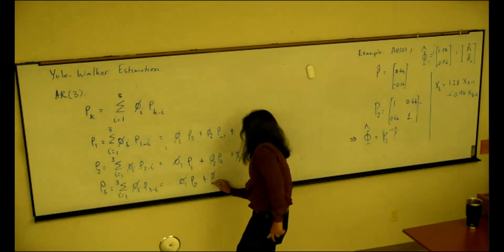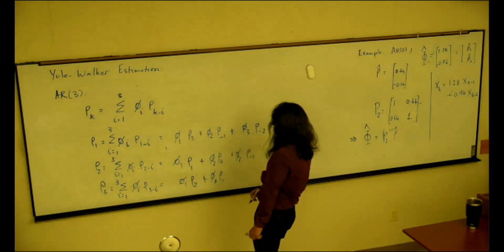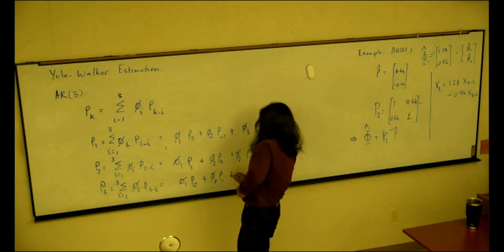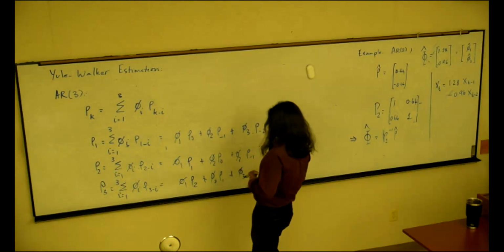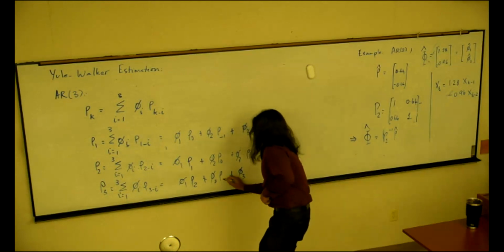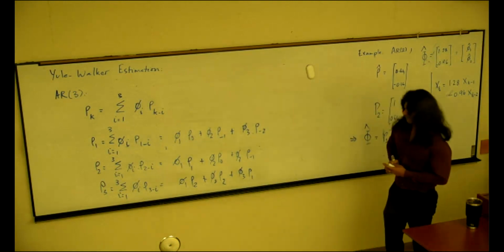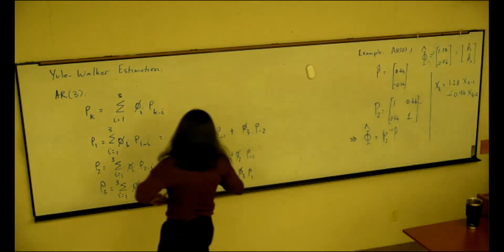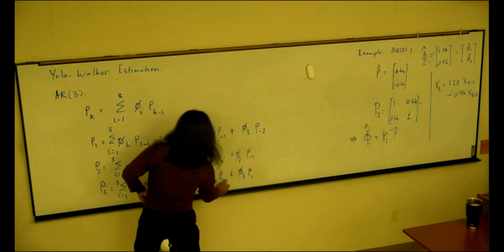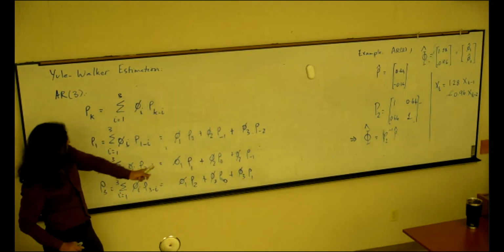Phi 2, row 3 minus 2, I get row 1. And lastly, phi 3, row 3 minus 3, row 0. So 2, 1, 0.